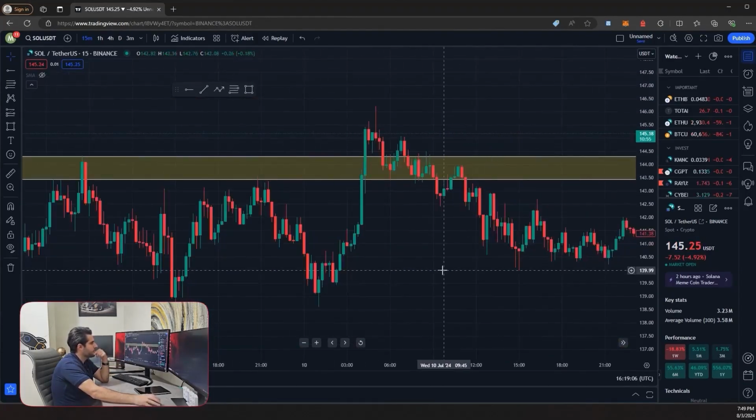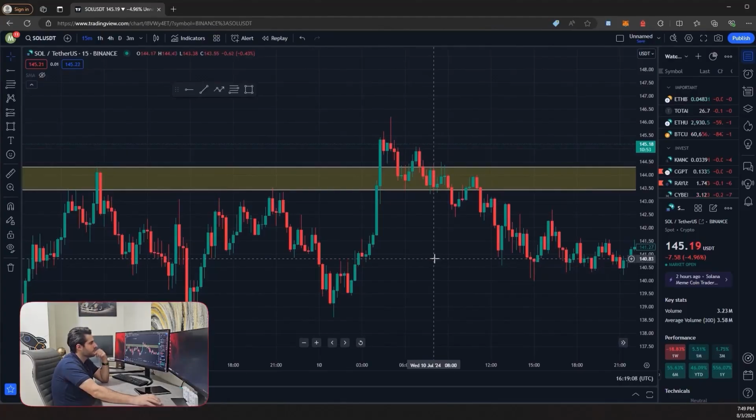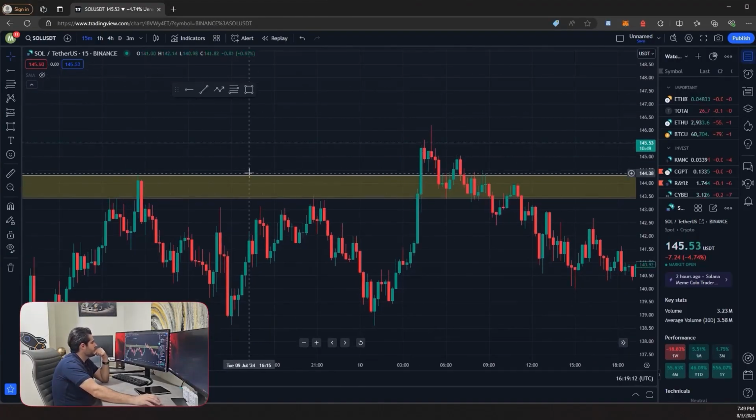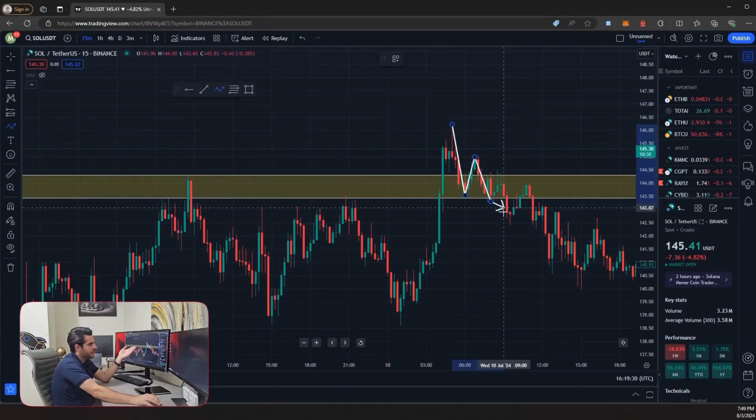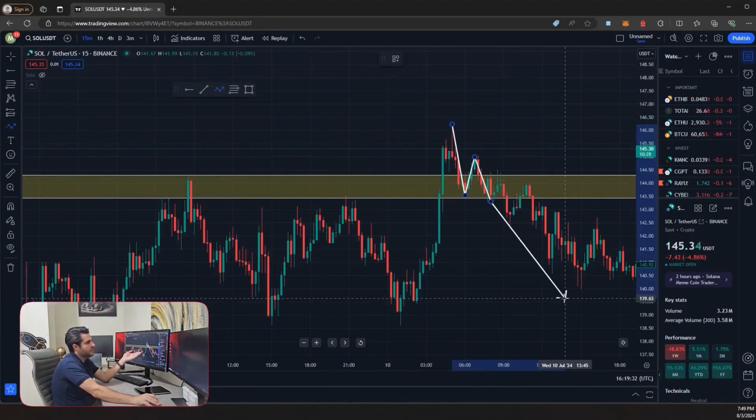Right. The nature of the pullback that follows after this break can actually be quite decisive for me, because it shows whether a ceiling was truly broken and the trend is likely to continue, or if instead I'll end up returning to the previous zone.